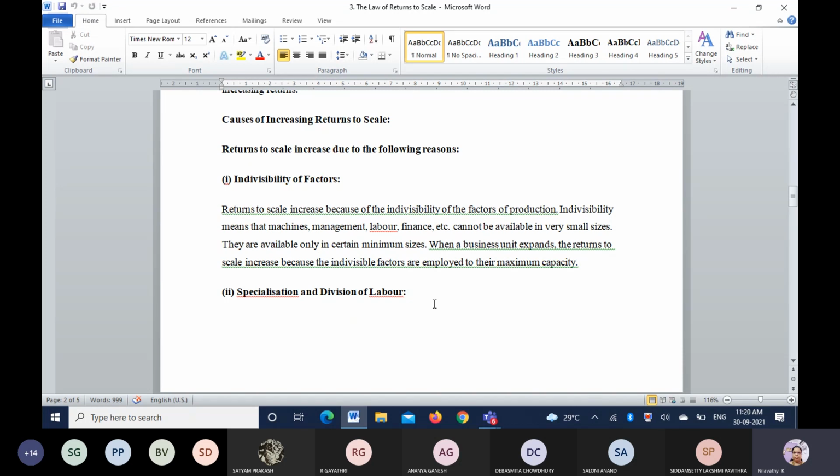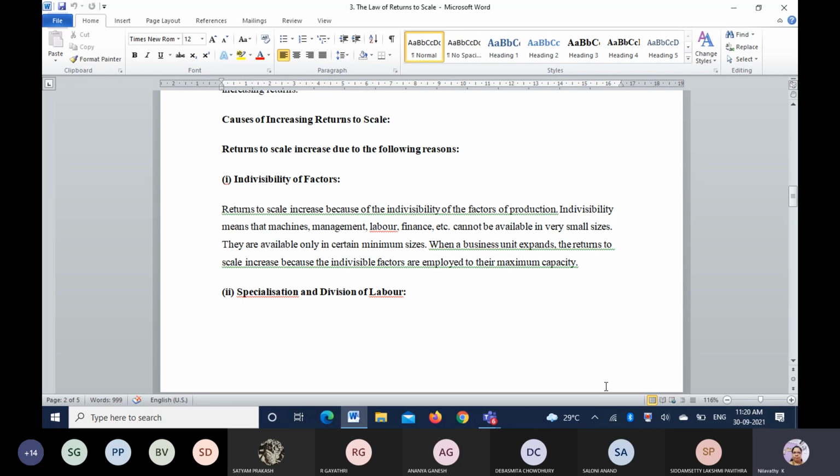So in the initial stages, what happens is that you are not using the machine or the equipment or the tool or the capital, whatever it may be, to its complete capacity, to its fullest capacity. Until then, you are going to use the same machine in the production process. So in the initial stages, it will be giving you increasing returns. That is the concept. Only when the machine gets depreciated will it come down and slow down its production.